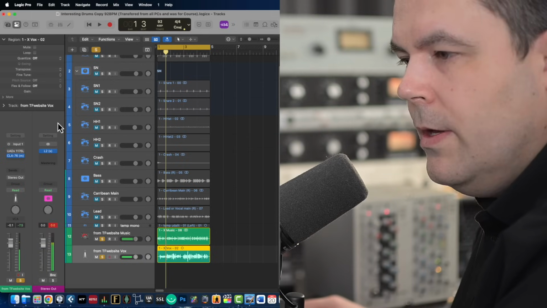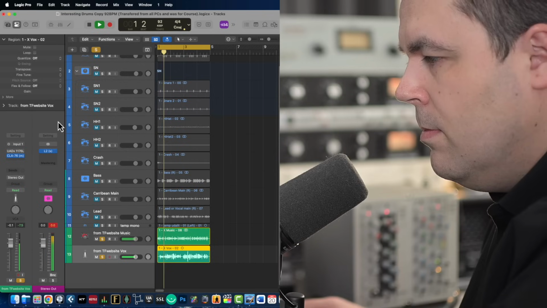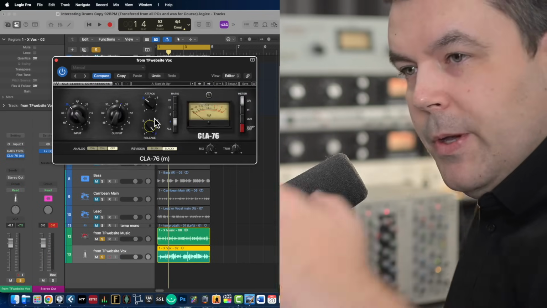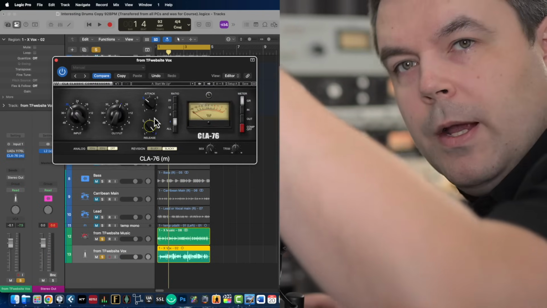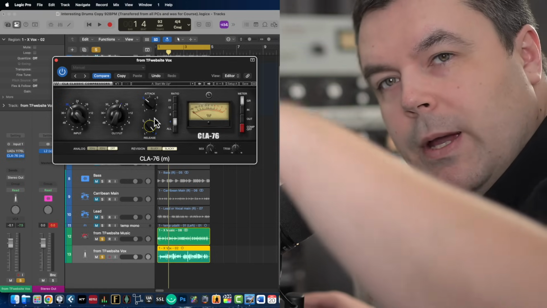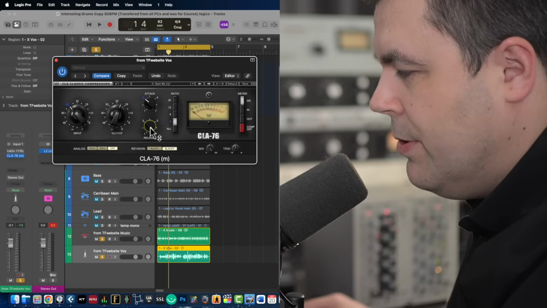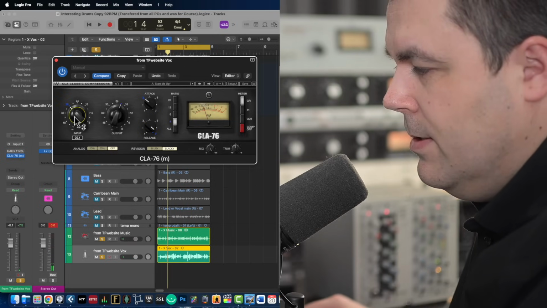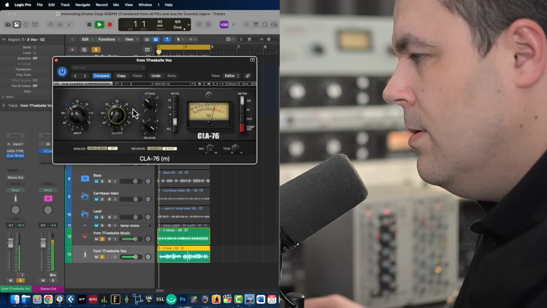Treating. Treating. Treating people. Right, so it seems like we need to increase release time, because it's like treating, so the compressor comes back too quickly. I need to prolong release a bit. Of course, it increases the overall amount of compression. I need to compensate it on the input and output.